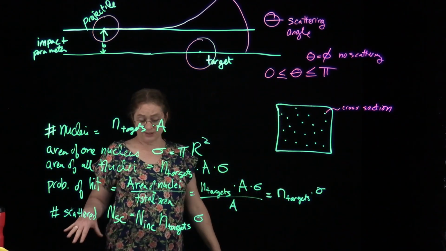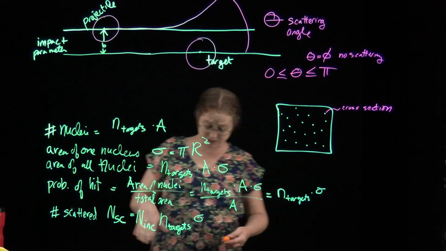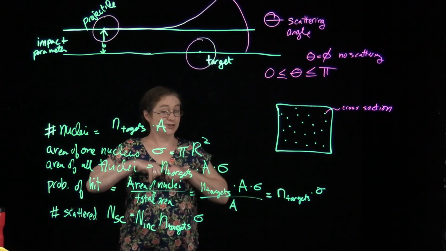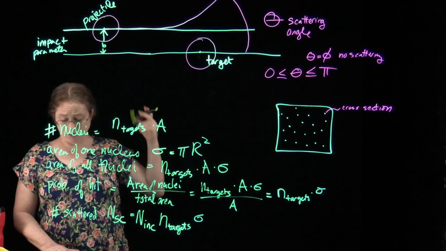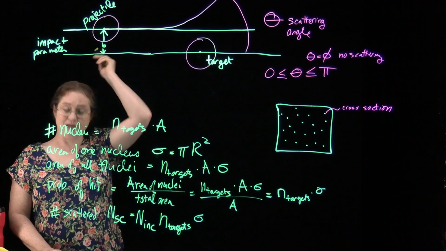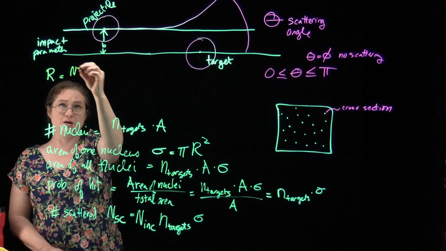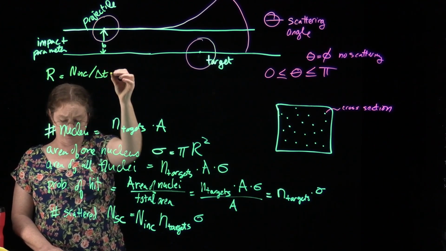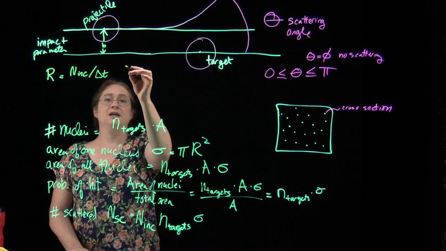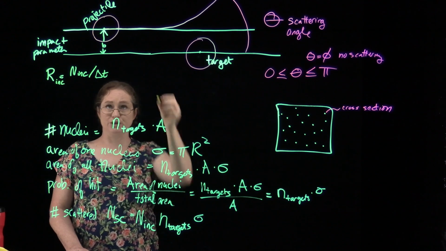Now, it is often useful, this imagines that you have a specific number of projectiles. We often have a source and we are sending a beam of projectiles at our target, so we define a rate. So the rate is the number of incident projectiles over a given change in time. And this is the rate of the incident projectiles.